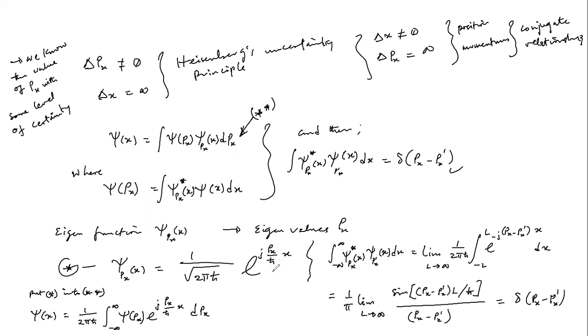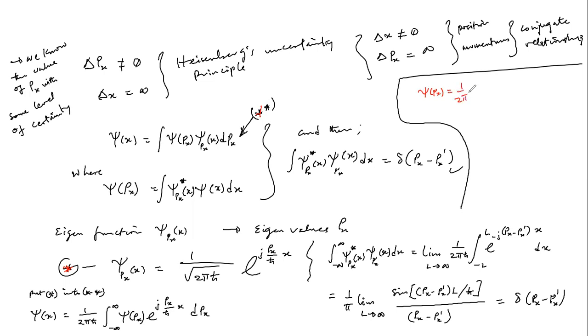And in a similar vein, if we also substitute this expression into this one, it is seen that the corresponding complex amplitude function psi p of x is exactly the partial Fourier transform of the state function.